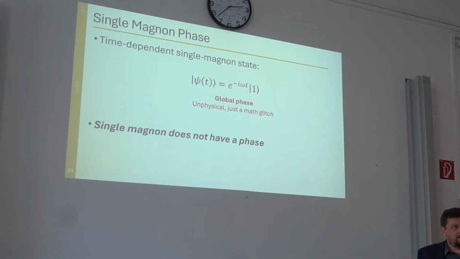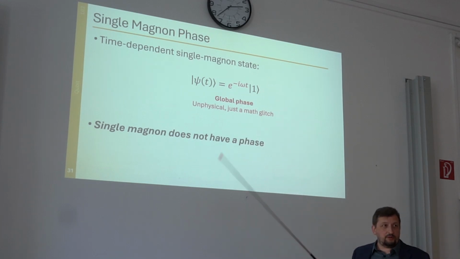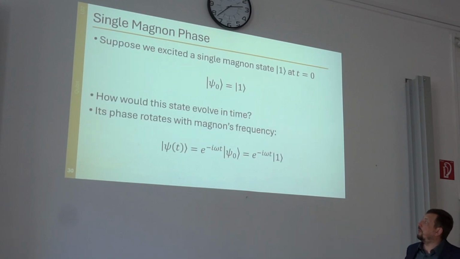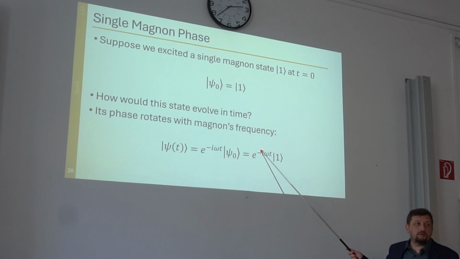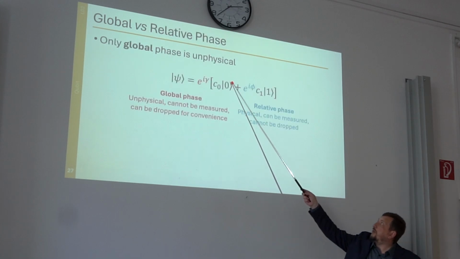Yes? Does this complex number act as an operator? No, this is just a number. There are no operators here. It's just a coefficient. These are ket vectors.